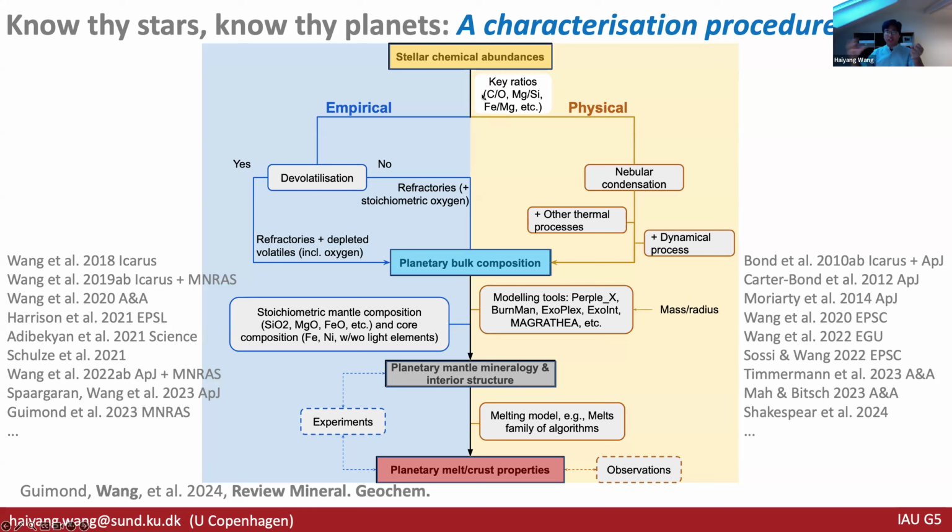Of course, you also need to consider other measurements such as the mass and radius of the planet to really quantify its detailed properties. I will not go into the details here, but leave you with the procedure as something that builds a bridge between the stars and the planets. Okay, so this is mostly about sun-like stars.